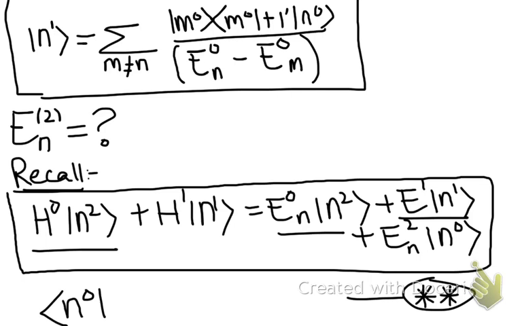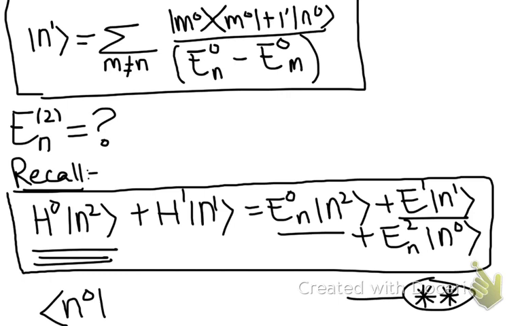So N0 with N2 will go to 0, N0 with N1 will go to 0, and this term will also go to 0.